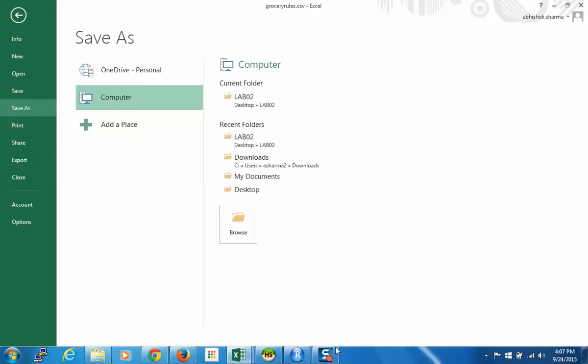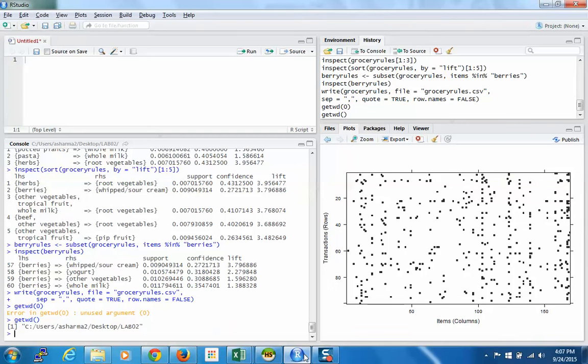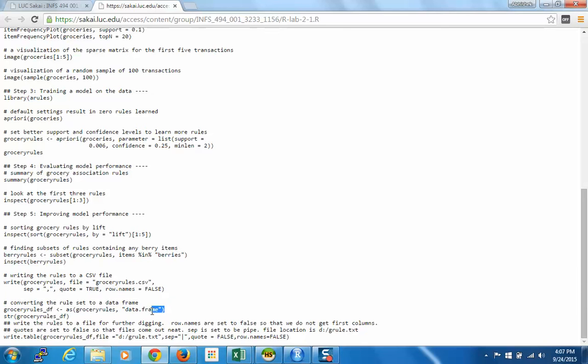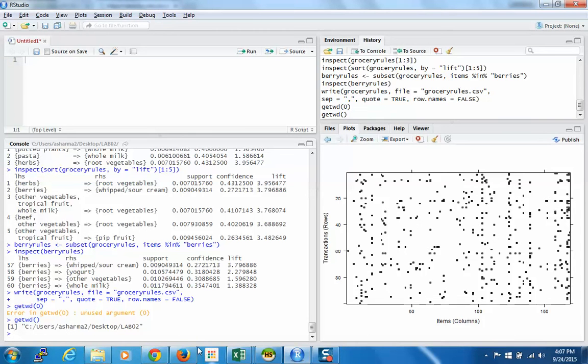Okay, so that's what we did in the lab. Now, one thing more that we can do is another example of what we did in lab one. Here I'm taking grocery rules. It's not necessary, but I'm converting it into a data frame. So again, I'm using as. If you remember, I used it a couple of steps ago to convert a split output into a transaction.